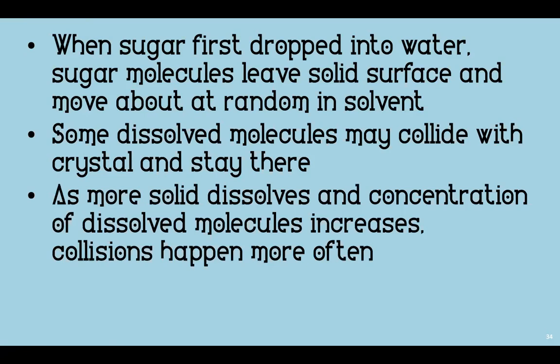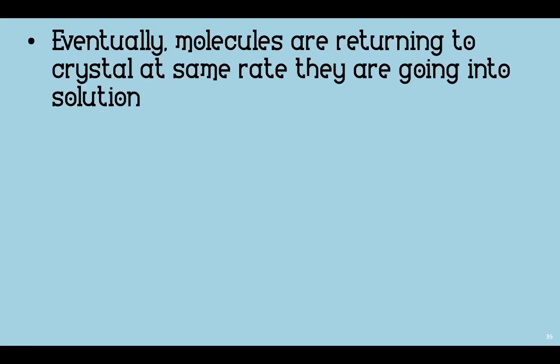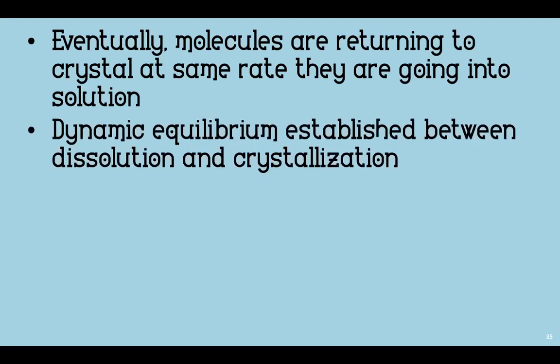As more solid dissolves and the concentration of dissolved molecules increases, these collisions happen more often. Eventually, you reach an equilibrium where molecules are returning to the crystal at the same rate that they're going into solution. So this is a dynamic equilibrium, meaning that it can change, that is established between two opposite processes. Those are dissolution and crystallization.